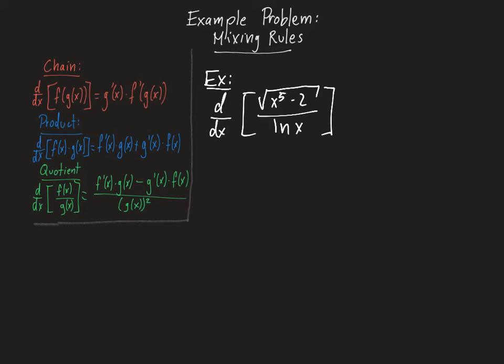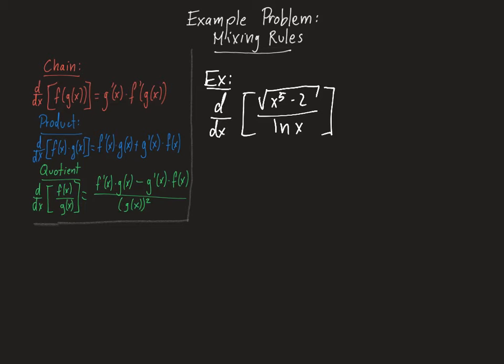Again, the first step in all of these problems is to figure out what two rules you're going to need to use, and also to figure out in which order you need to do them. So feel free to pause the video and try to think on that yourself.